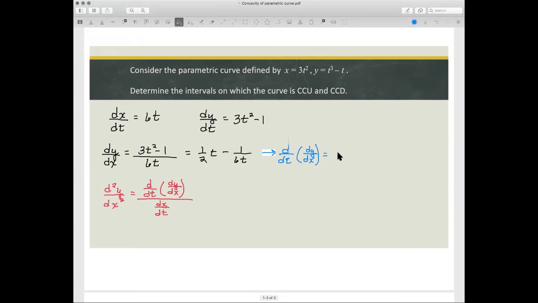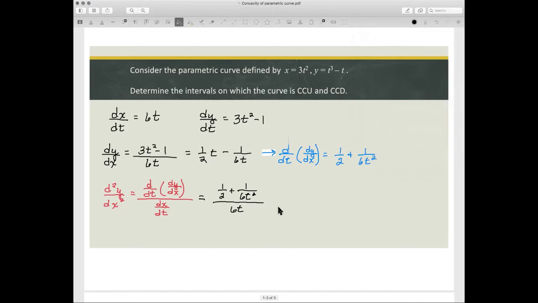And that simply will be 1/2. And when we do the derivative of minus 1 over 6t, we get plus 1 over 6t squared. So that's going to become the numerator for our second derivative. And in the denominator, we'll have this dx/dt that we found originally.